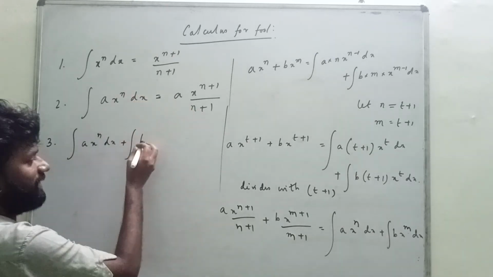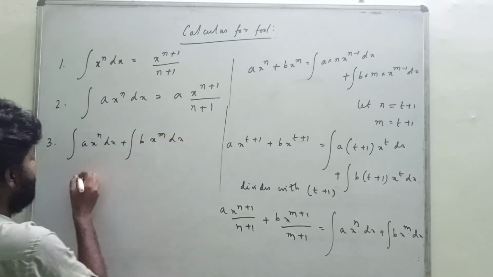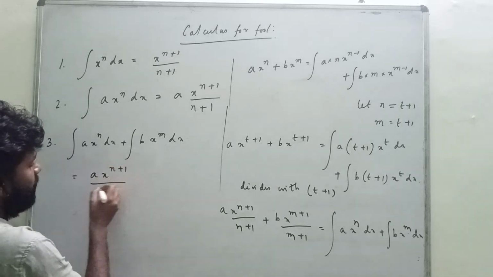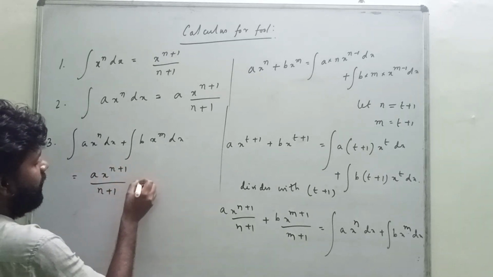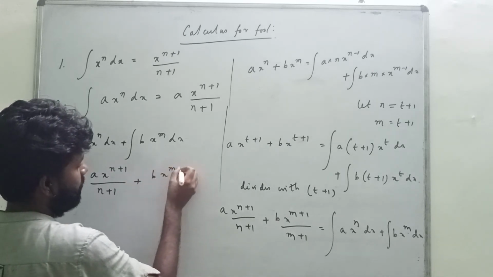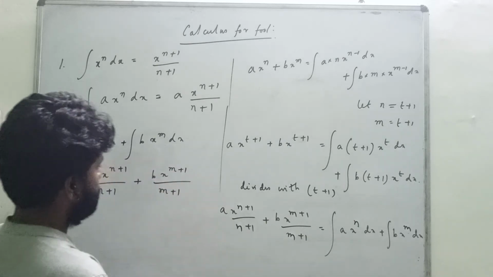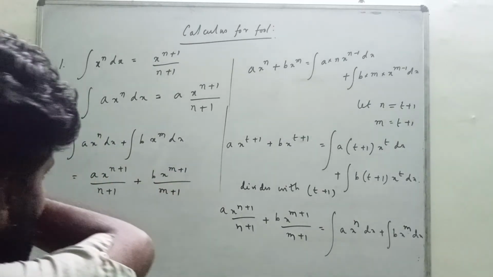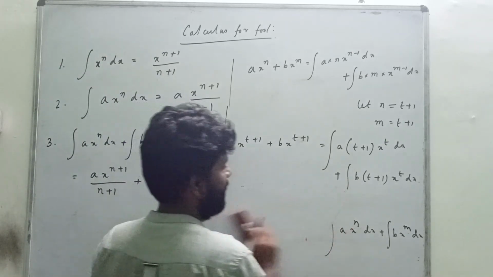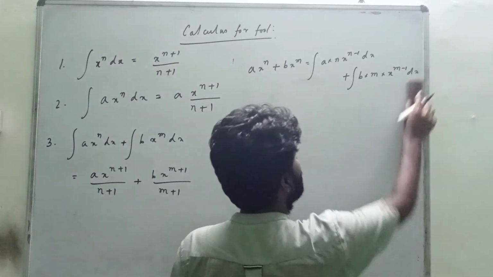It's not a new formula actually. It's actually ax power n plus 1 by n plus 1 plus b x power n plus 1 by n plus 1, right? So number three is just nothing actually, just redundant with number 2.